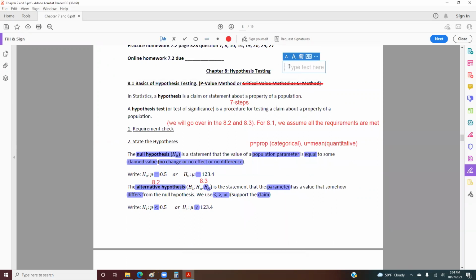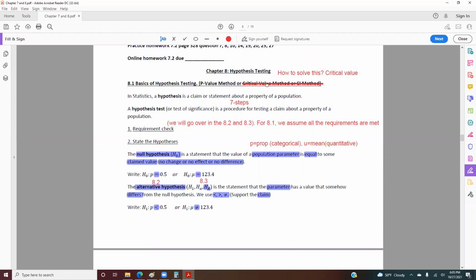But when you have questions in your homework and you click how to solve this, some of you use that a lot, right? In your online homework, they will teach you the critical value method. The reason I point this out is that they will use a different method than this class.